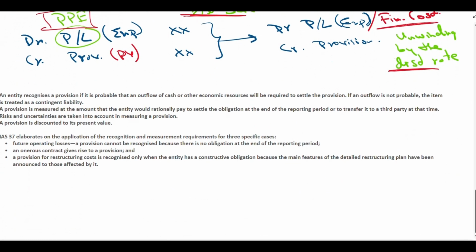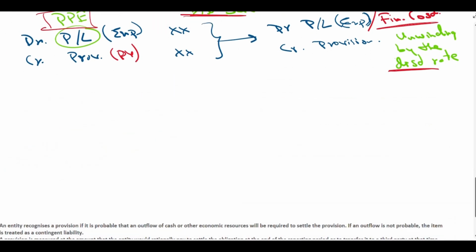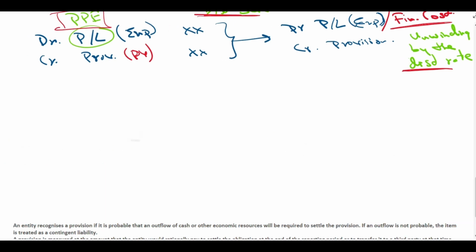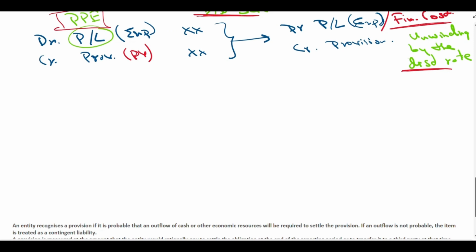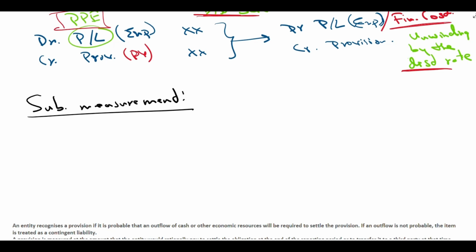A few more things to touch upon, we'll just quickly cover that. So as part of subsequent recognition, let's take a black font here. Subsequent measurement, we can write. Every year we need to review the provision.